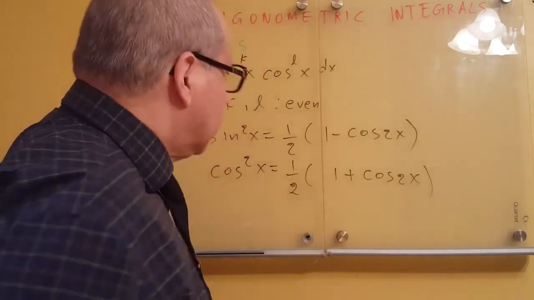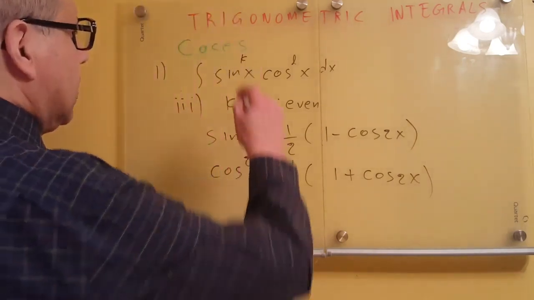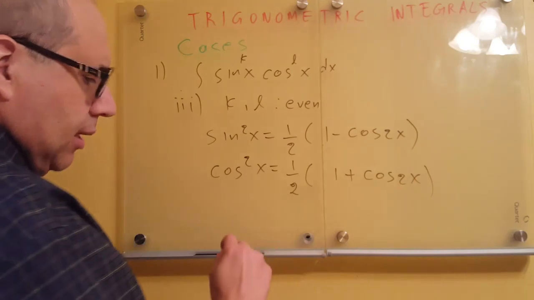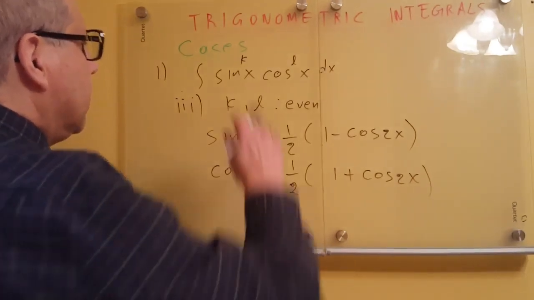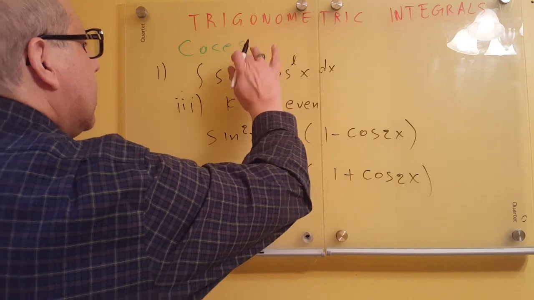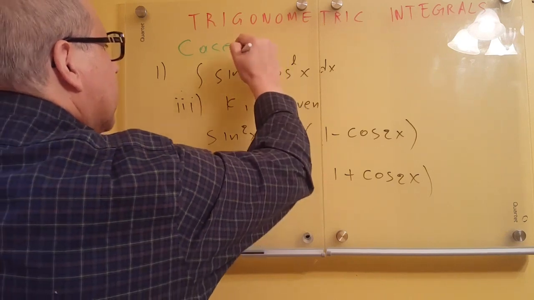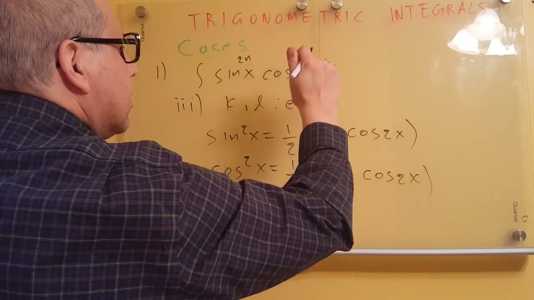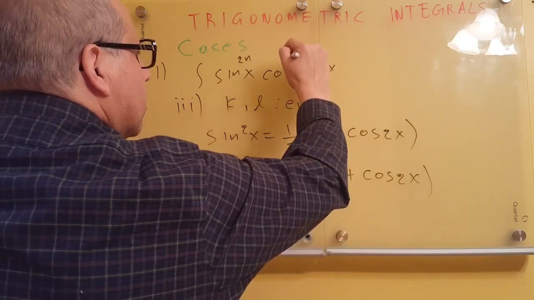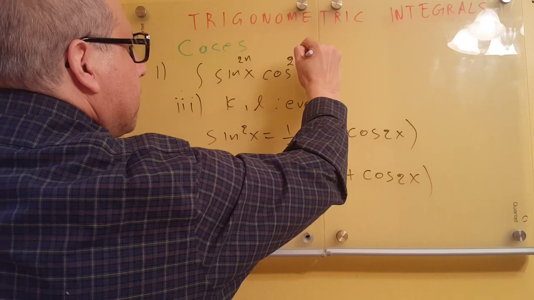Since k and L are even, you can write this k as 2n, and you can write this L as 2m.